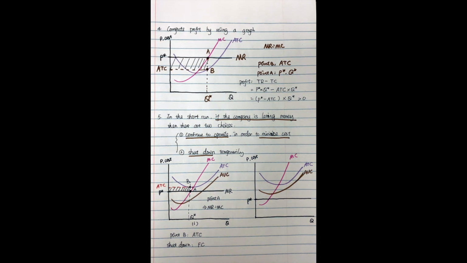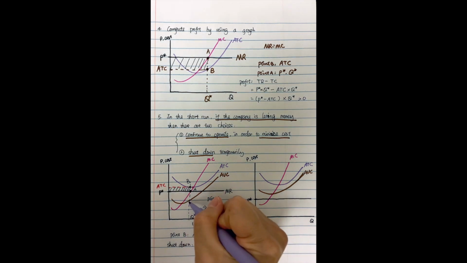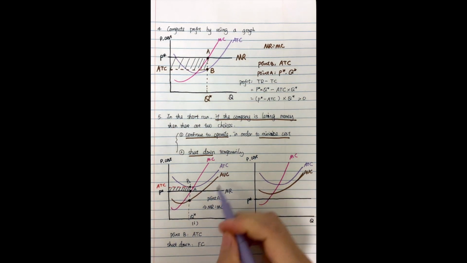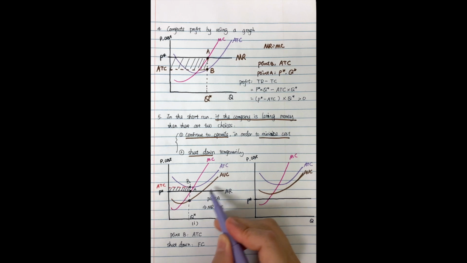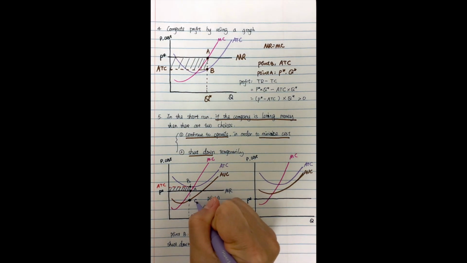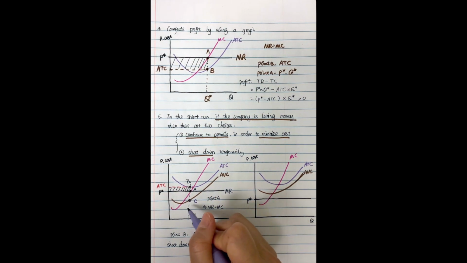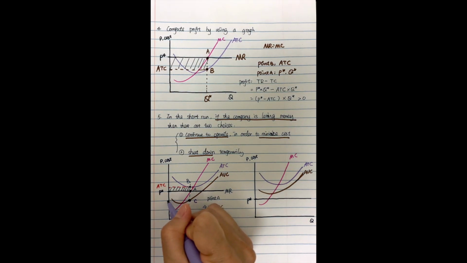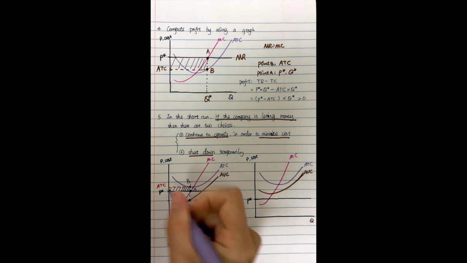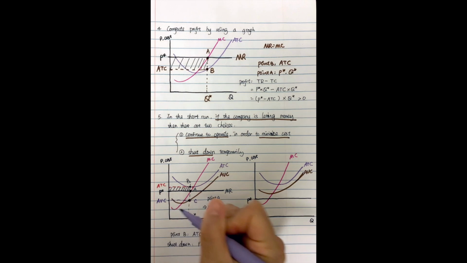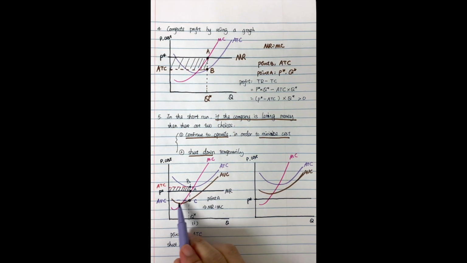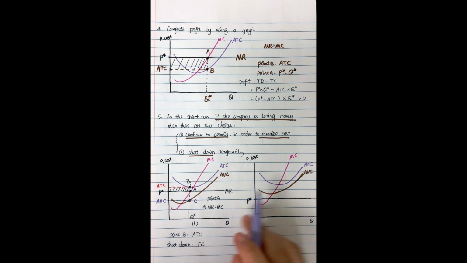So which area represents the fixed cost? I can mark another point here, okay? So find the corresponding point on the average variable cost. I will just mark it as point C here. So point C corresponds to average variable cost.